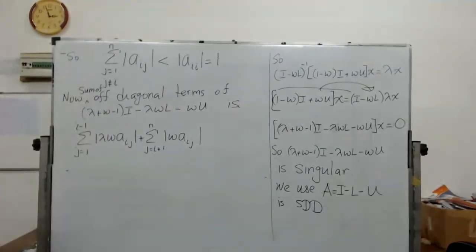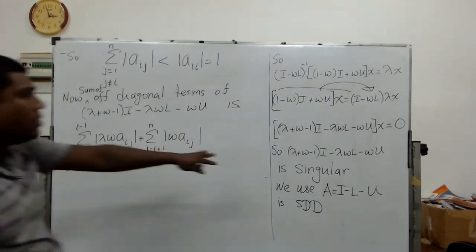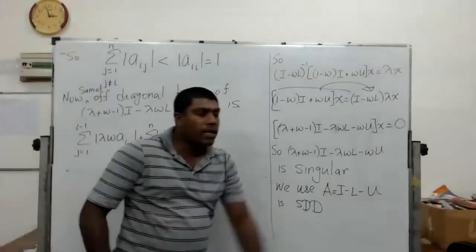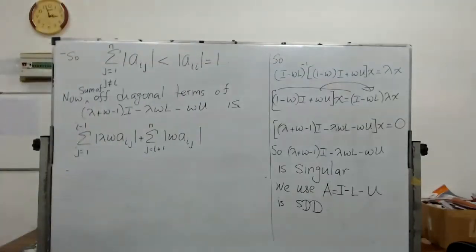So now what we are going to do is we are going to take the sum of off diagonal terms of this matrix, right? So this lambda plus omega minus 1 times I minus lambda omega L minus omega U. You know that U is a strictly upper triangular matrix and L is a strictly lower triangular matrix. So there are no diagonal terms there, right?